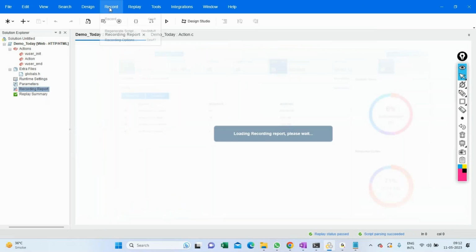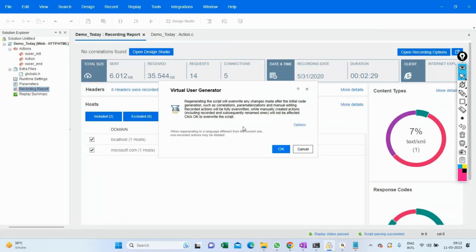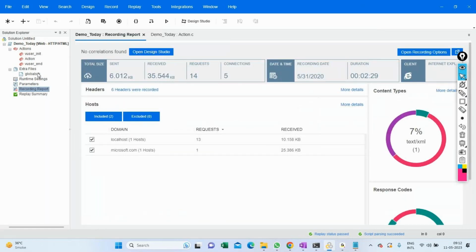One second. Let me regenerate. See, like this, you will land on this page. Once you record the script or regenerate the script, the first thing is you land on this recording report.